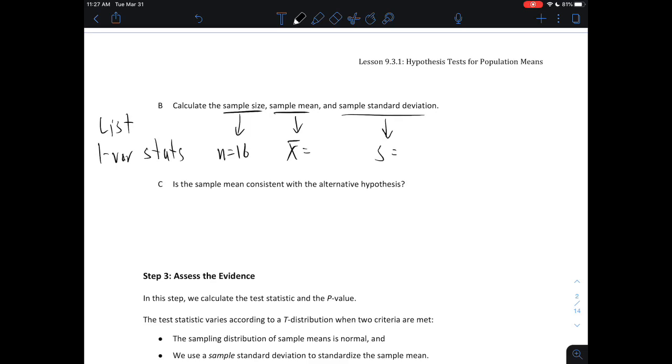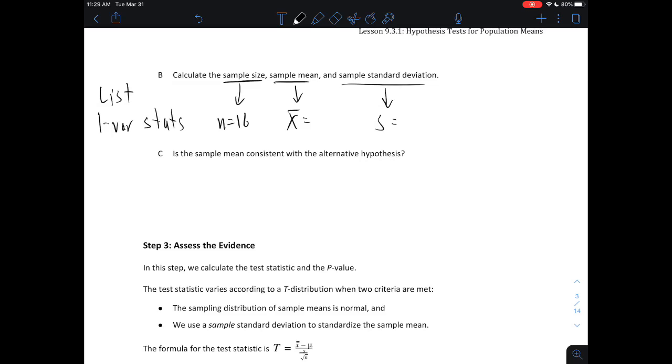So let's just take a minute and figure out what that sample mean and sample standard deviation are. What you should get for the sample mean is x bar equal to 28.981, and your sample standard deviation should be 14.150.